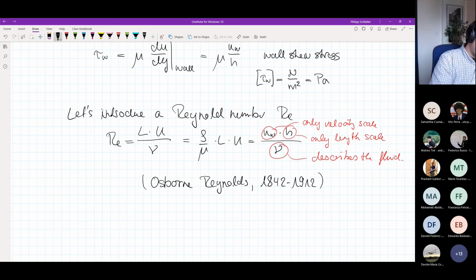He obviously didn't introduce the Reynolds number as we know it. What he introduced was a number that was actually the inverse of the Reynolds number. You can view it as a non-dimensional viscosity, because it was nu divided by length and velocity scale. So he non-dimensionalized the viscosity. And this goes back to an 1883 paper.